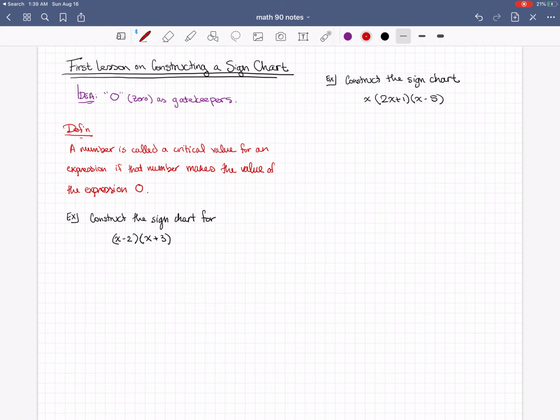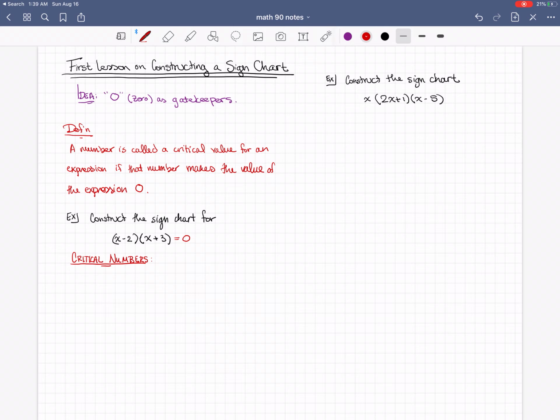We're going to start, and I'm actually going to keep it in red here, by identifying the critical numbers. Now, to keep the color coding, I'm just going to remind you that critical numbers are asking when is the expression equal to 0. Okay, so let's see.